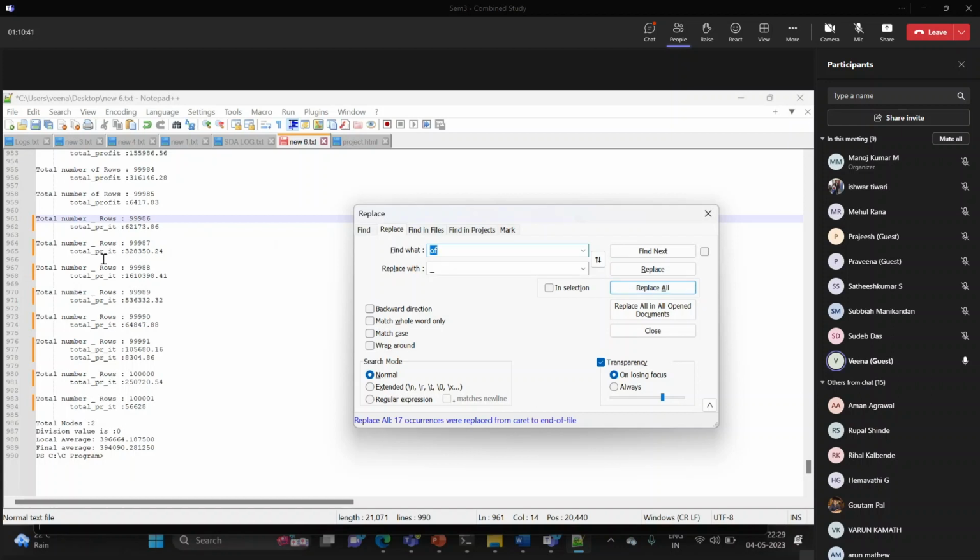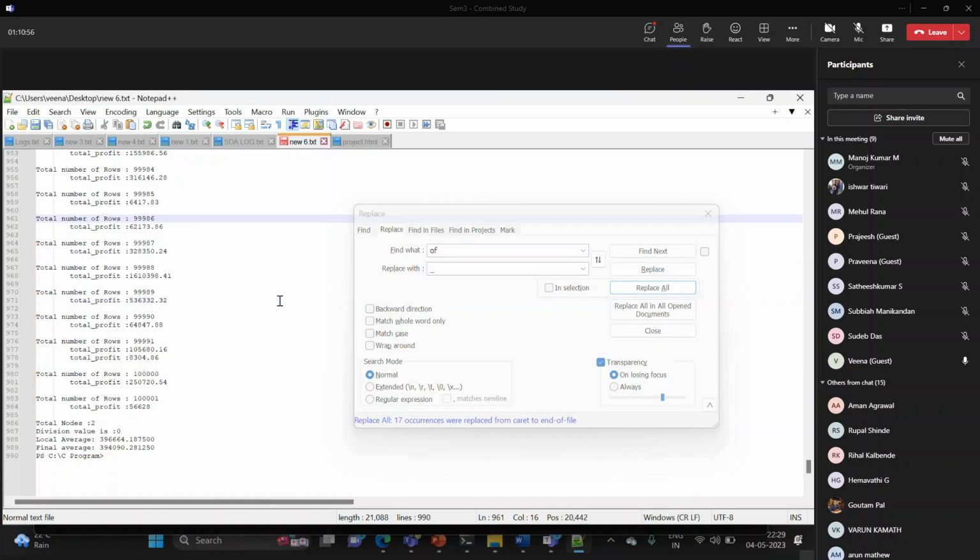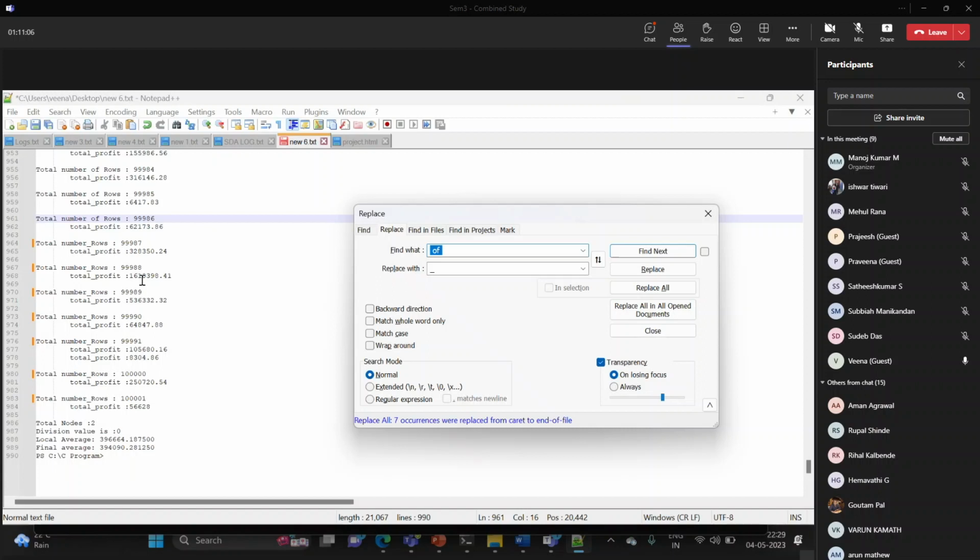If you see, the 'of' in profit also went. So in order to avoid that, whenever I do this, I will make sure that this will have a space here and here. Now if I do the replace, the profit remains the same, only the 'of' got removed.